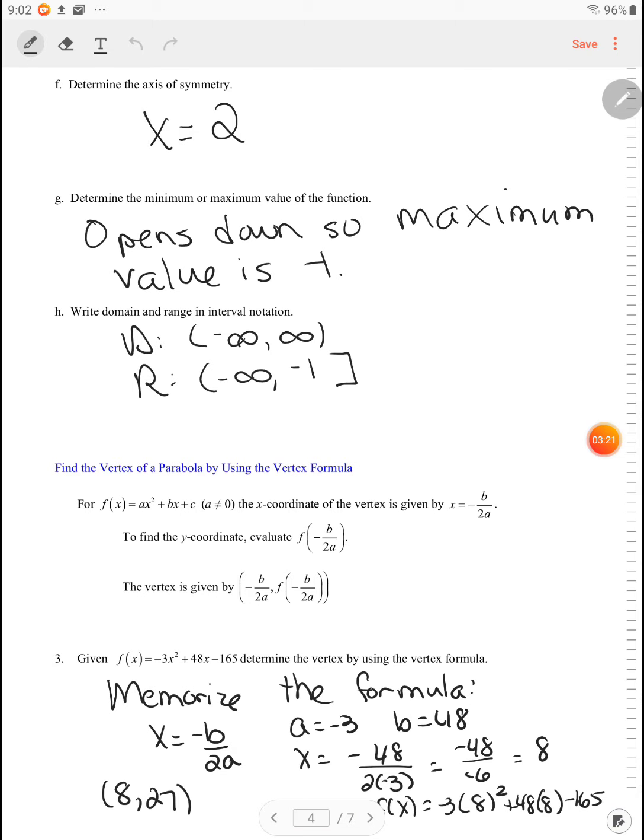Okay, so the axis of symmetry is at x equal 2. Because it opens down, we have a maximum value, which is negative 1. Remember, your domain is negative infinity to positive infinity, and your range is negative infinity to negative 1. Again, brackets to include the negative 1.